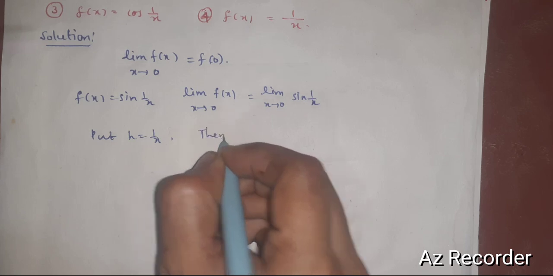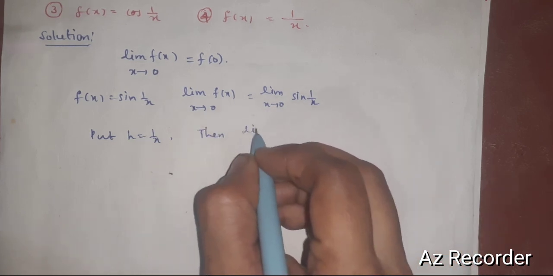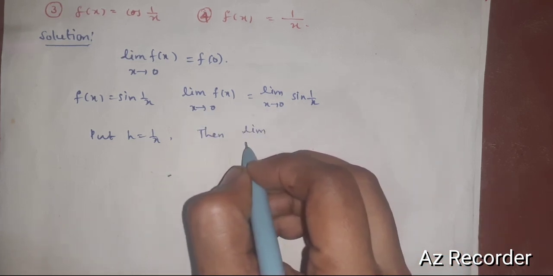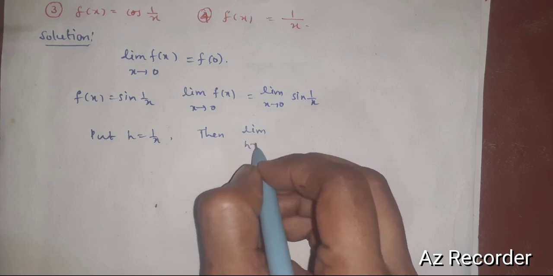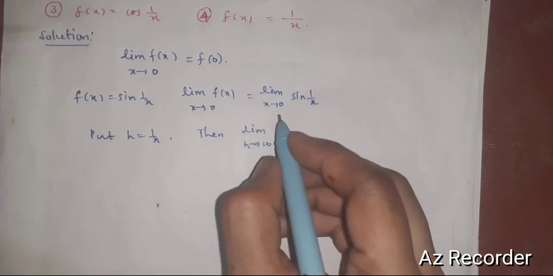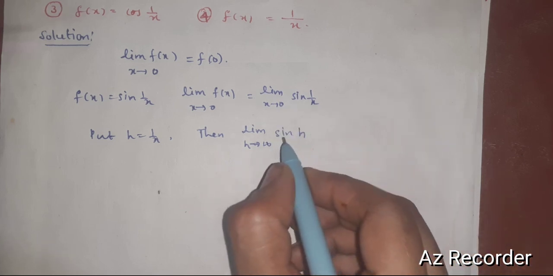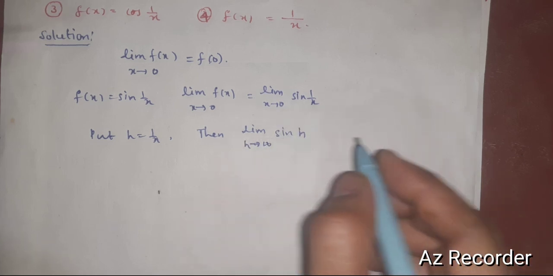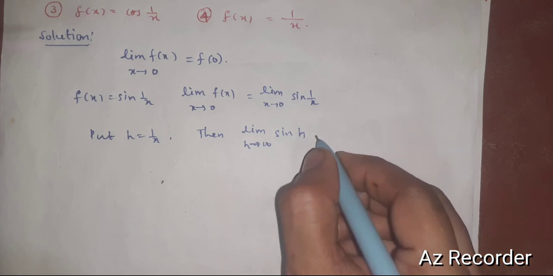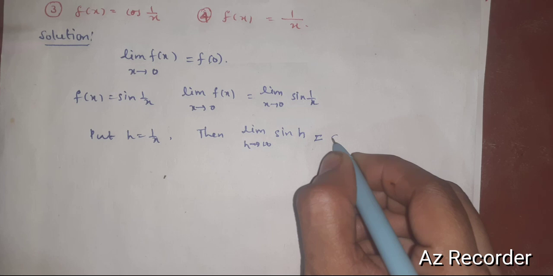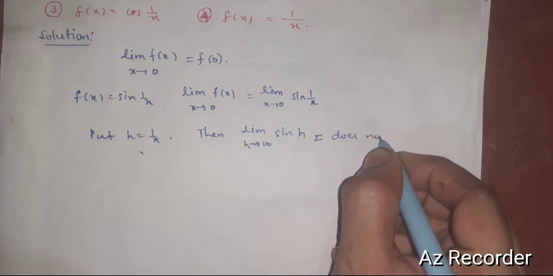Then the limit changes to the limit as h tends to infinity of sine h. So this limit does not exist.